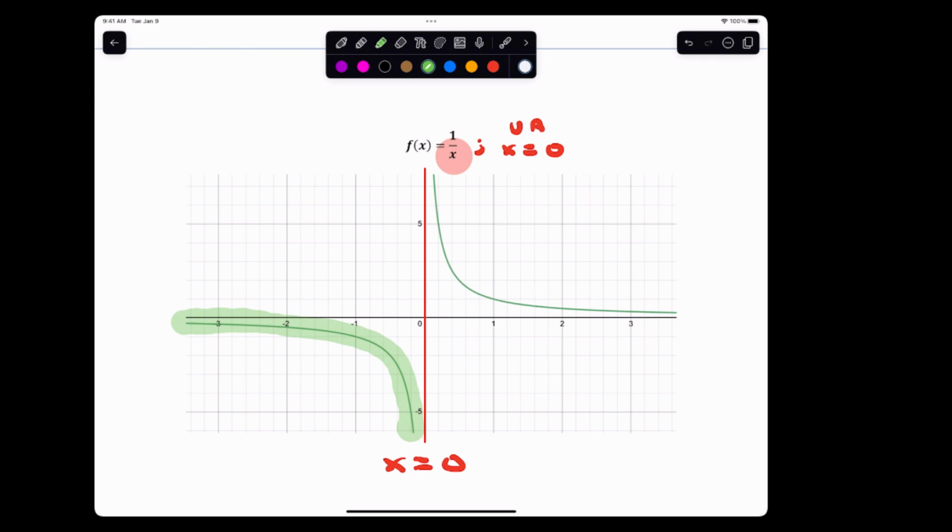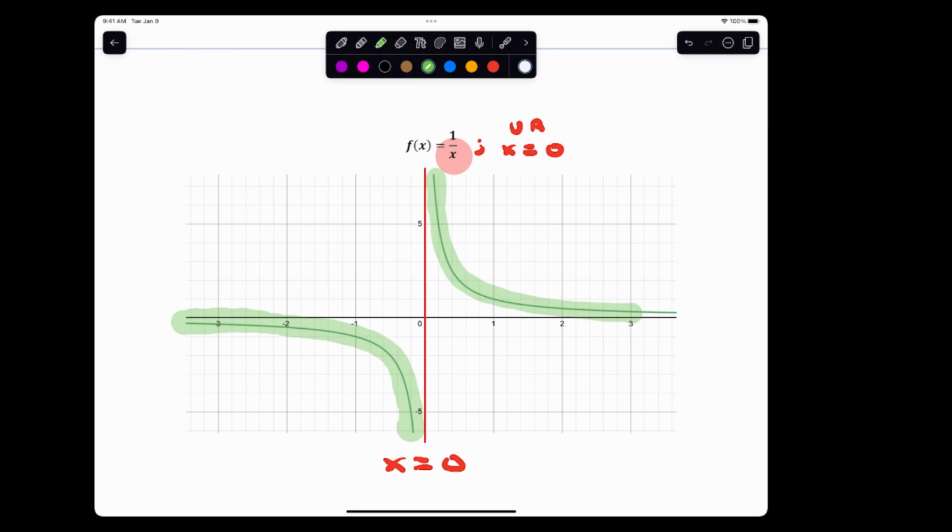Pick up my pencil. Now I have to continue to sketch it. Wherever I picked up my pencil, the function is not continuous there. It's not continuous at 0 because that's where the vertical asymptote is. So this is continuous everywhere else, but at 0, you've got a problem here.